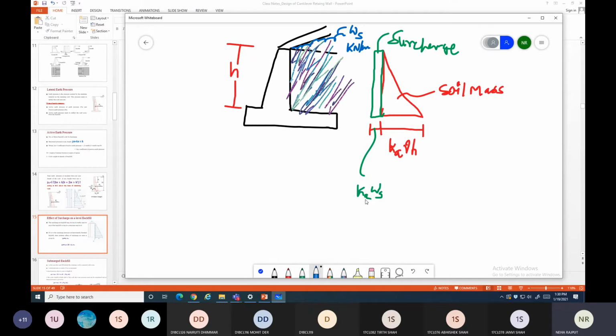So this pressure Ka Ws is the same throughout the height, and here this is K into gamma H.